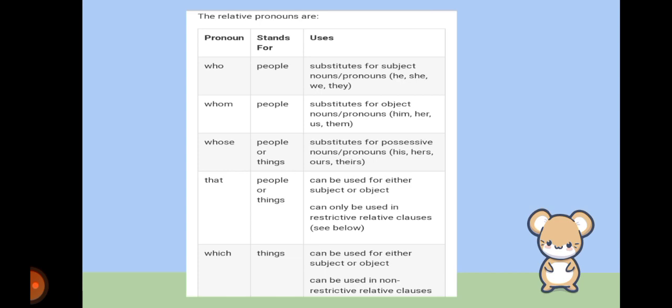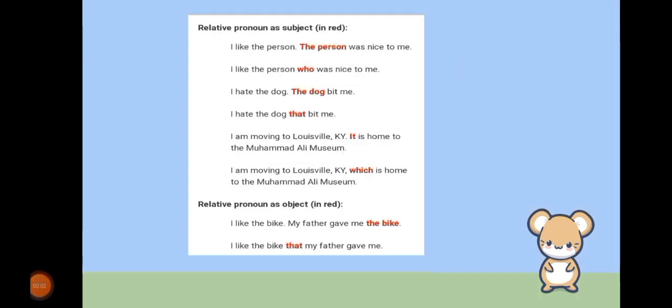The pronoun that stands for people or things, can be used for either subject or object, and can only be used in restrictive relative clauses. The pronoun which stands for things, can be used for either subject or object, and can be used in non-restrictive relative clauses. Relative pronouns as subject in red.